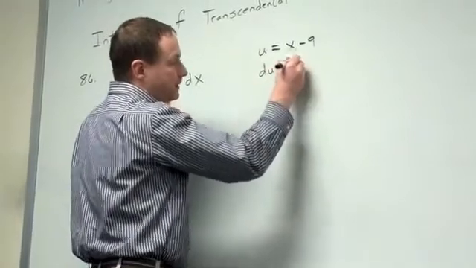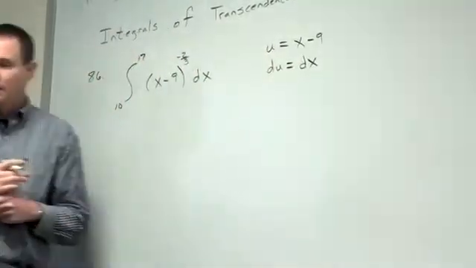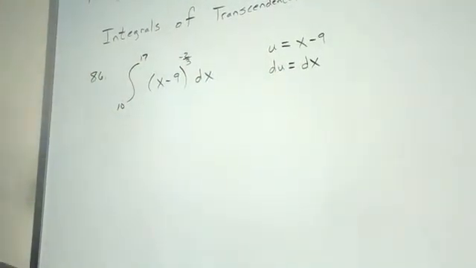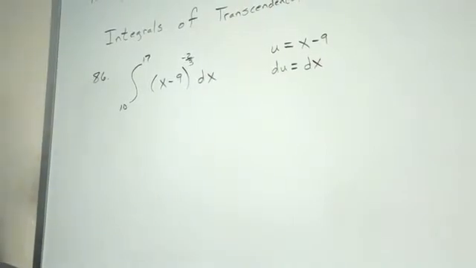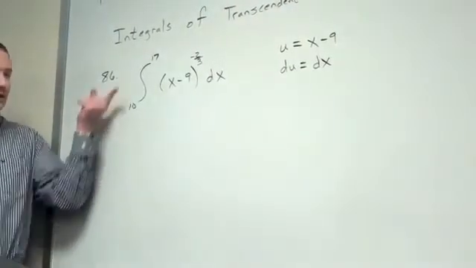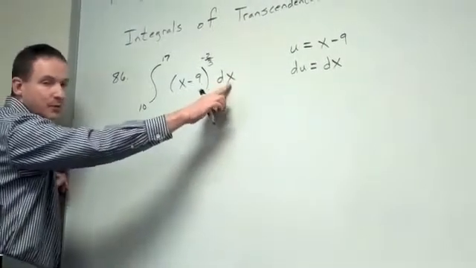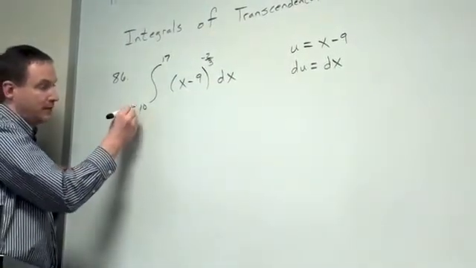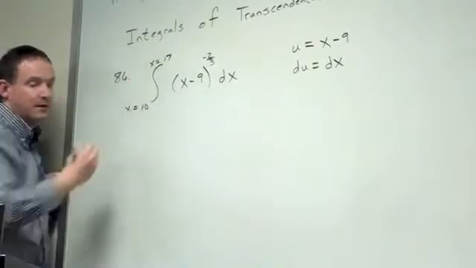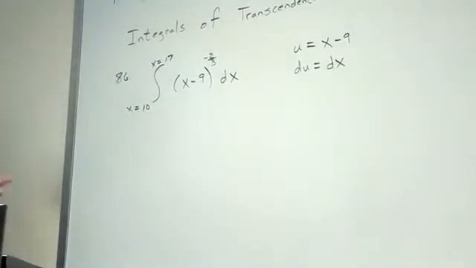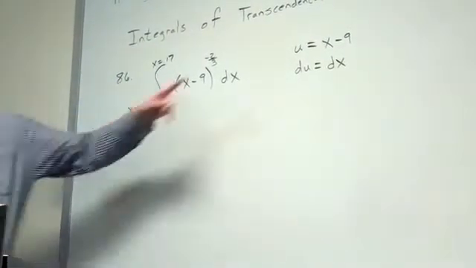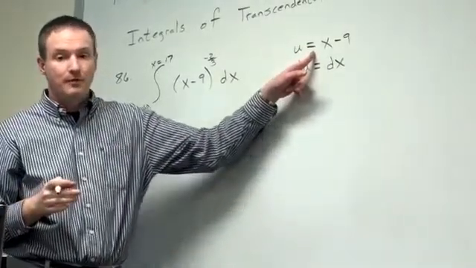Du is simply dx. And then you'd say, well, if you're going to change your variables, I can't say my limits of integration are from 10 to 17 anymore, because please remember, this is with respect to x. So you could literally say this means x equals 10 to x equals 17. I can't keep my limits in terms of x when now my problem is in terms of u.